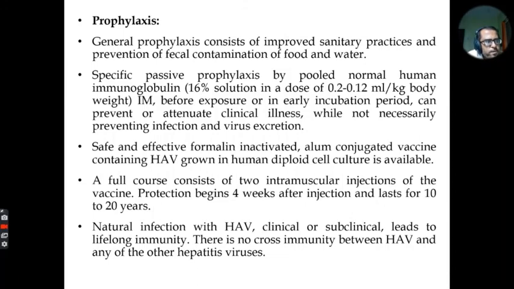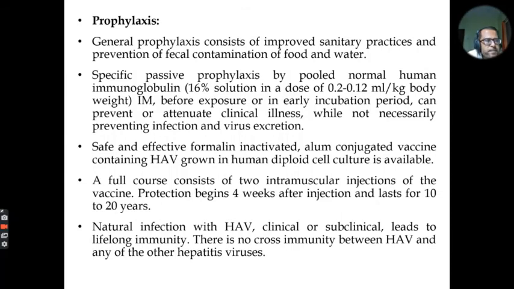So in order to avoid this hepatitis A infection, two measures can be used. First, use improved sanitation conditions and avoid contamination of food and water with fecal matter contaminated with the hepatitis A virus.